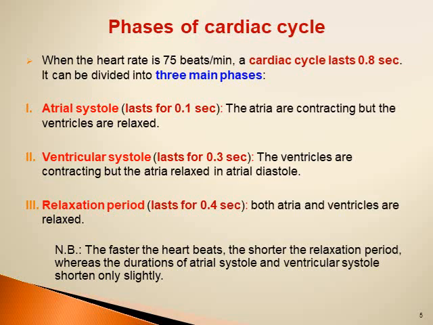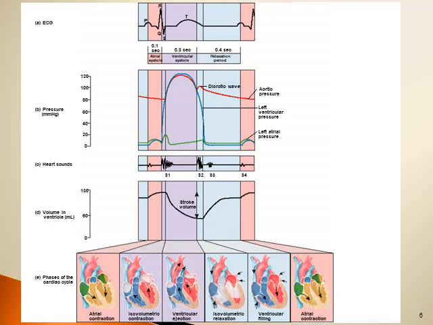So with higher heart rate, the diastole will be affected more than the atrial systole and the ventricular systole. Here we can see the ECG changes that occur in one cardiac cycle.